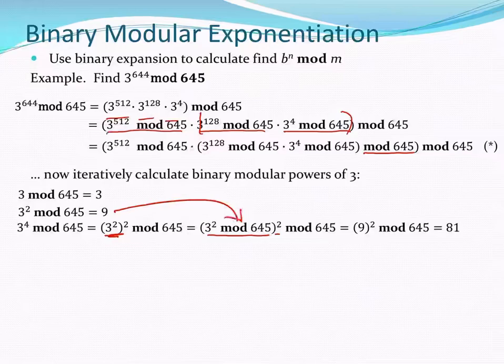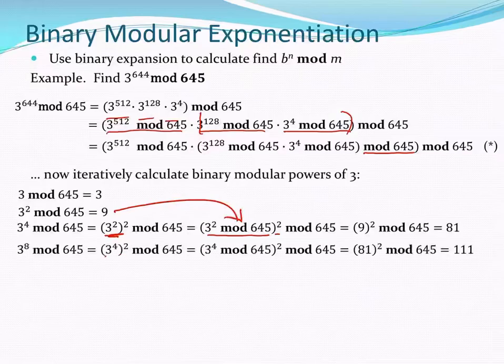All right, well, how about 3 to the 8th? Well, 3 to the 8th is 3 to the 4th squared mod 645. I can take the modulus of that factor, and I get 3 to the 4th mod 645, squared, but we've already calculated that value as 81, so we can just substitute 81, square it, take the modulus back to 645 and get 111.